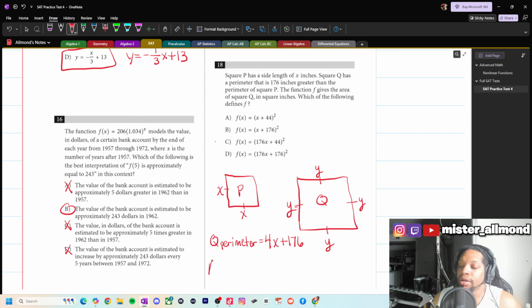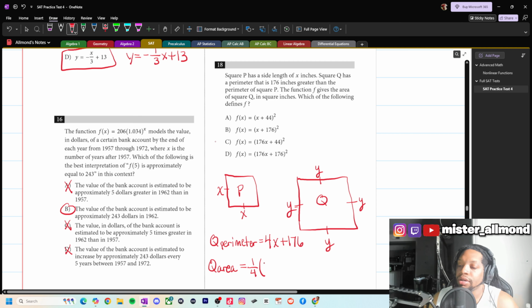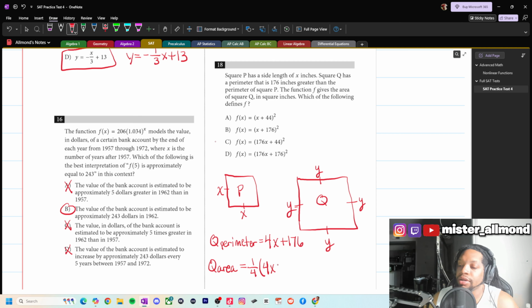So I'll say Q area will be this whole thing divided by 4, or 1/4 of that, and then all of that squared.